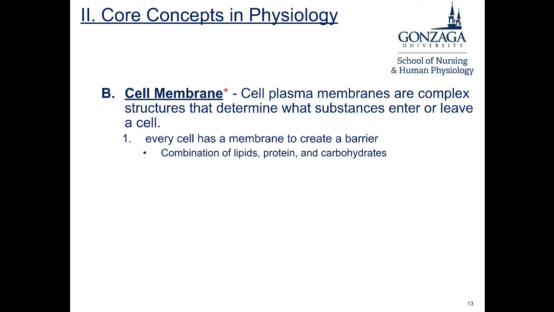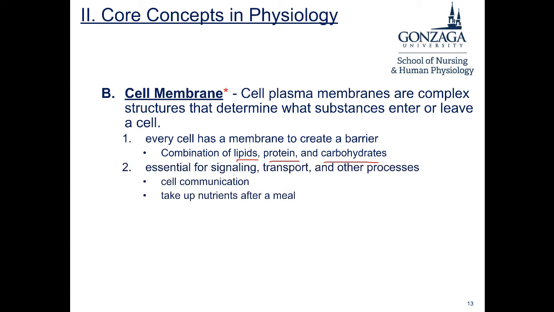So every cell has a cell membrane, which not only creates that barrier, it's composed of a variety of substances: lipids, protein and carbohydrates. Okay, this gets back to the fluid mosaic model, but basically the cell membrane, in addition to creating a barrier, is really important for signaling, transport, and several other processes vital to the cell.